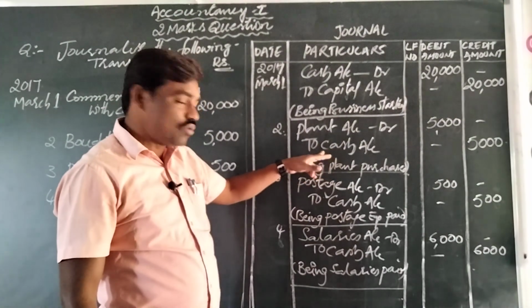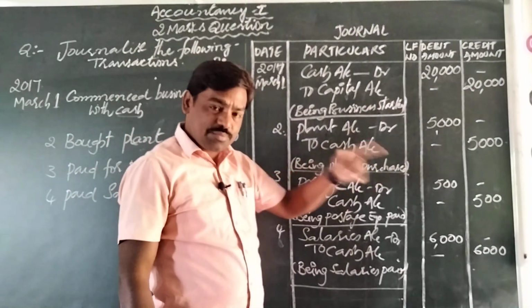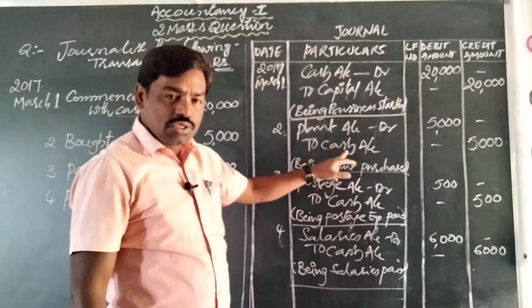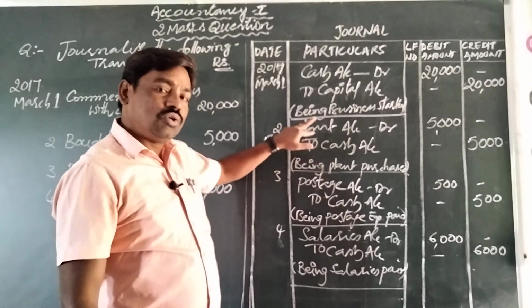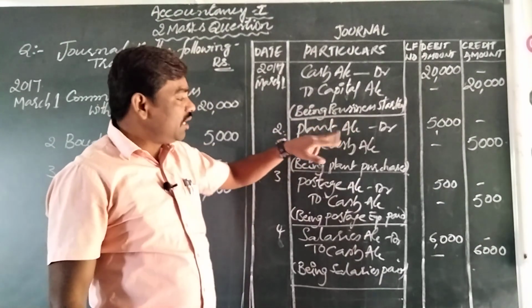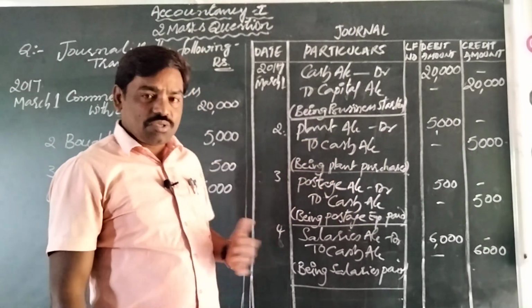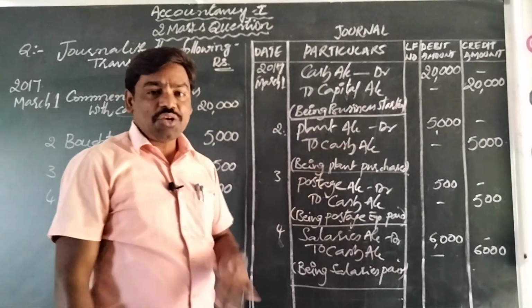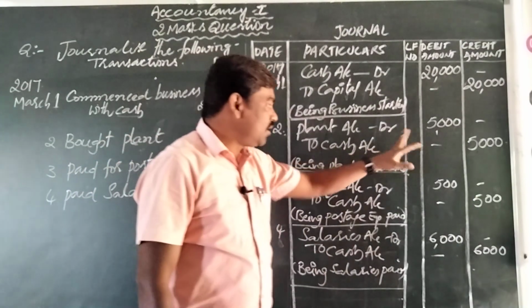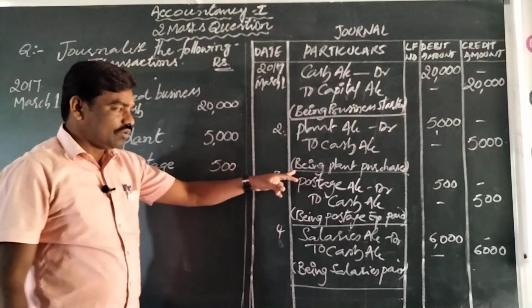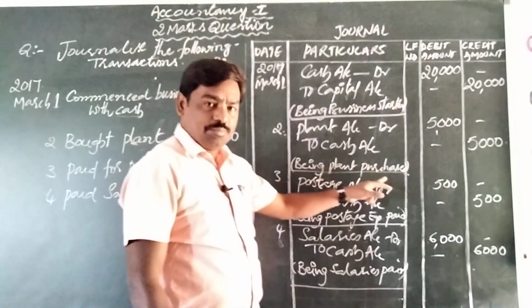Cash is going out of the business, that should be credited as per real account principle. So plant account debit to cash account, both are assets, both related to real account. Real account principle says that what comes in, debit; what goes out, credit. So plant comes into the business, that should be debited, and cash goes out of the business, that should be credited. So 5,000 in the debit column, 5,000 in the credit column. Narration, you write being plant purchased.